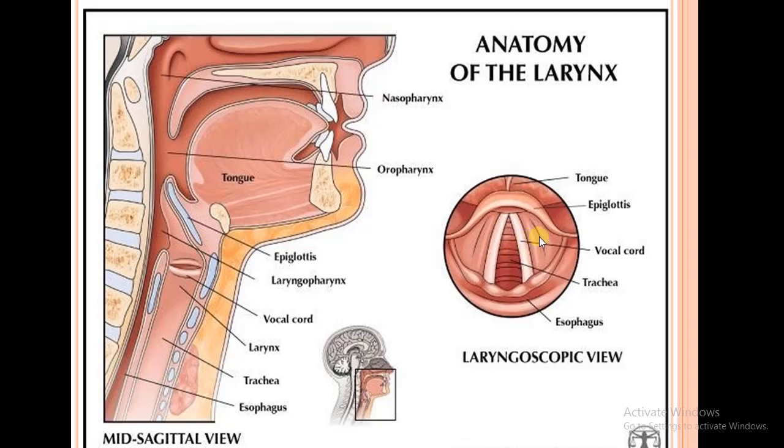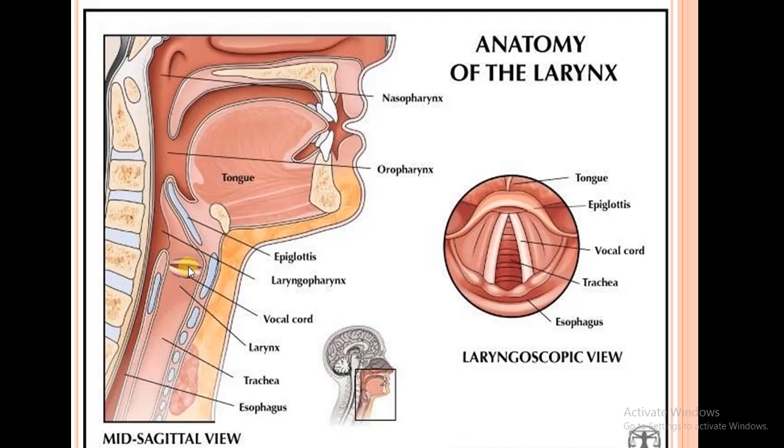Now the vibration, movement and position of the vocal cords is controlled by the contraction of the muscles which are present in the wall of the larynx. Now the opening of the larynx is called the glottis.